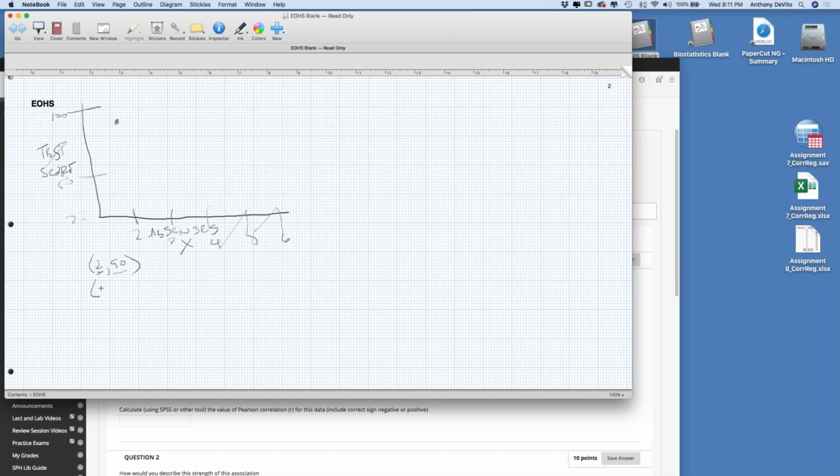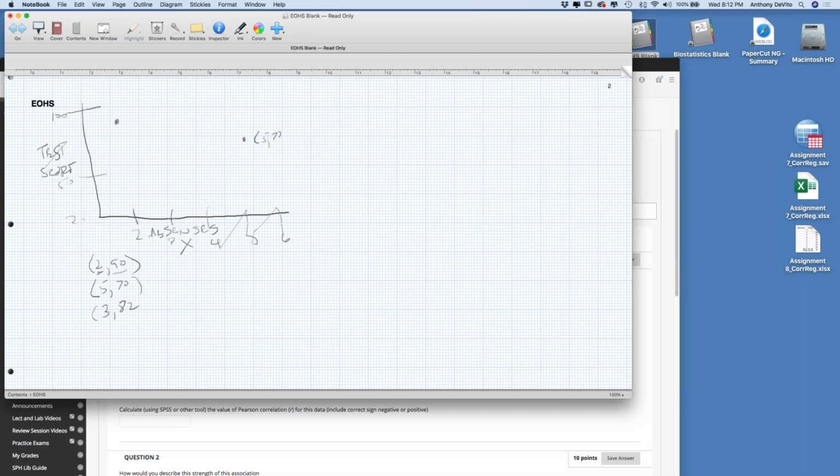Let's say the next student missed 5 classes, and he got a score of 70 on the test. So here he is out here, 5, and he got a score of 70. So maybe the coordinates for that would be 5, 70: 5 across and 70 on the y scale. Maybe another student missed 3 classes, and he got a score of 82, right?